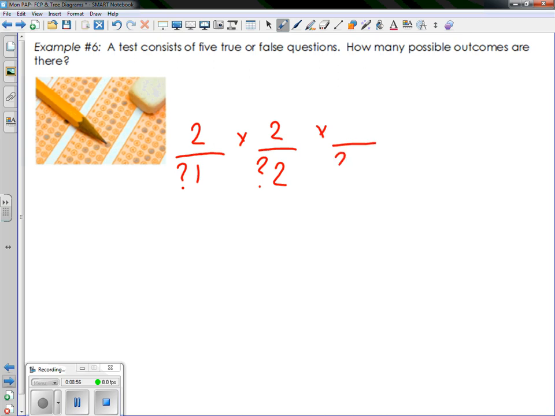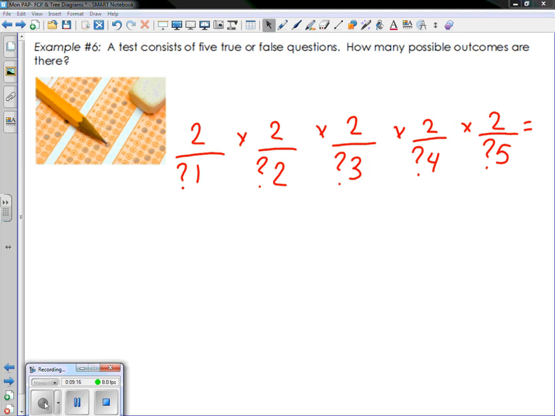Then question number 3, question number 4, and question number 5 each have 2 choices. So we have 1, 2, 3, 4, 5. Okay, so that would be 2 to the 5th power, which would give us 32 outcomes.